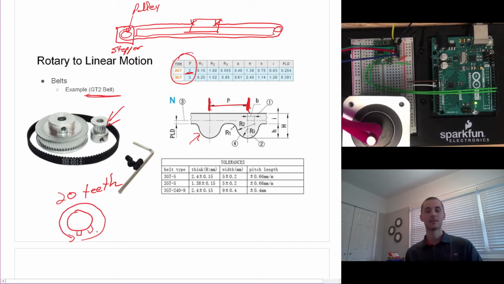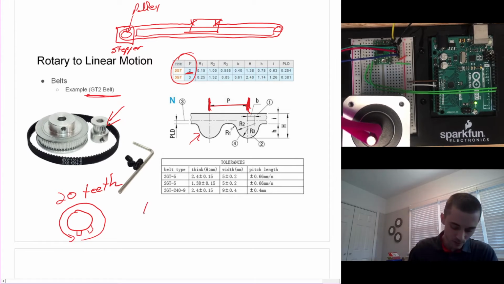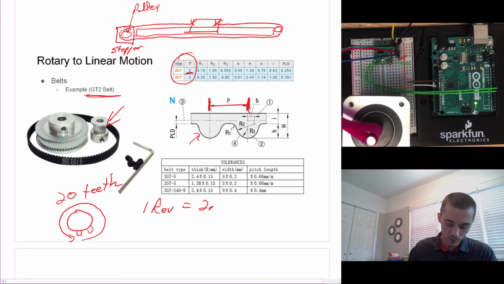That means when we do one full revolution, one rev is equal to 2 millimeter pitch times 20 teeth. This is 2 millimeters per tooth times 20 teeth.